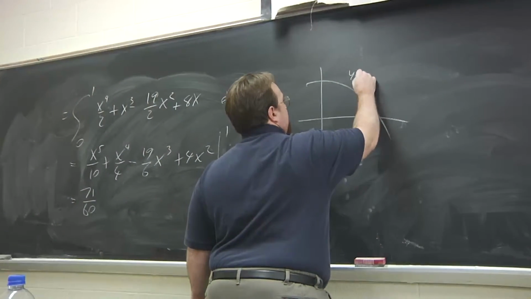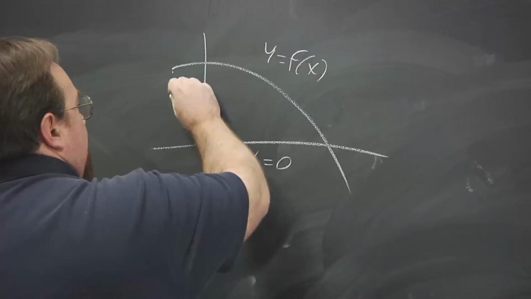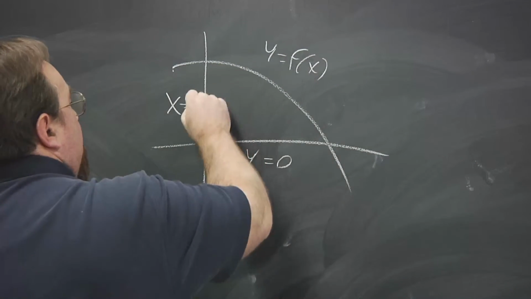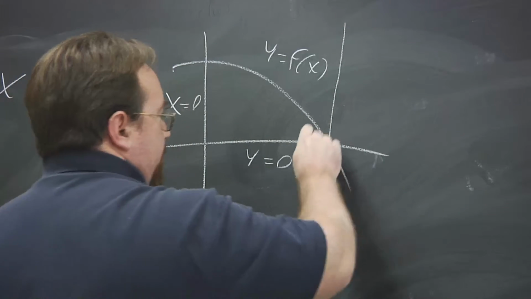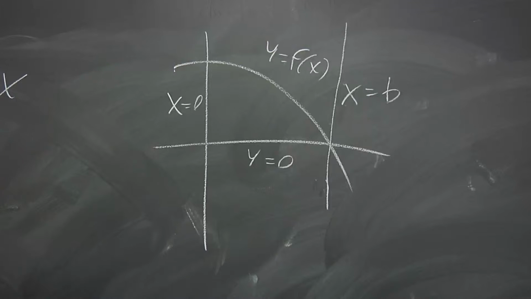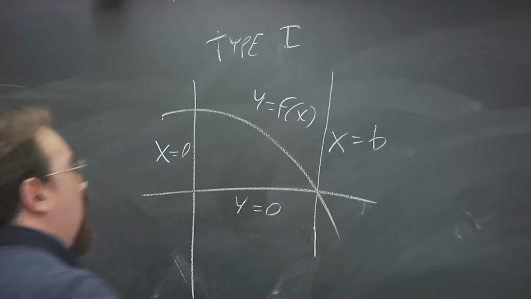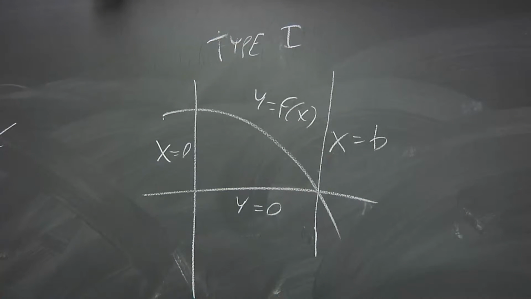So here we have y being a function of x, y equals 0, x equals 0, and then wherever these cross, we'll just call this x equals b. So here's a type 1, but we can take the same region and classify it as type 2.